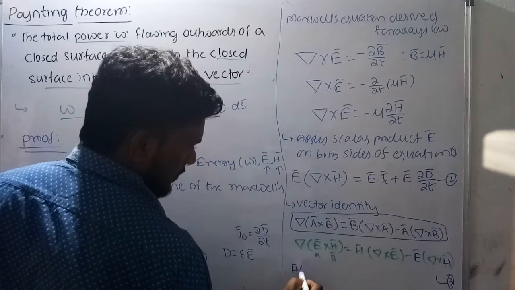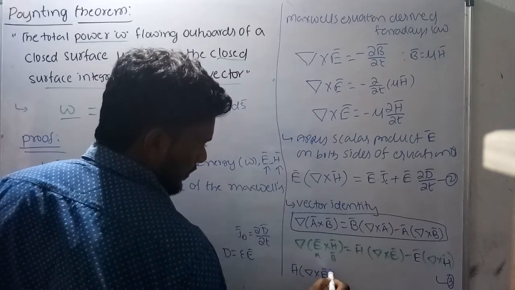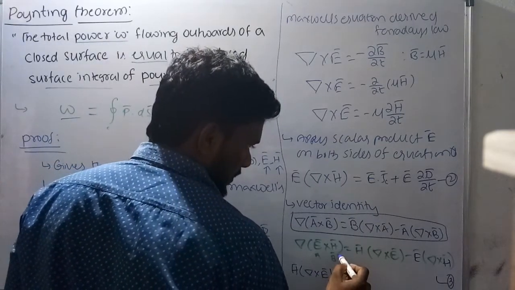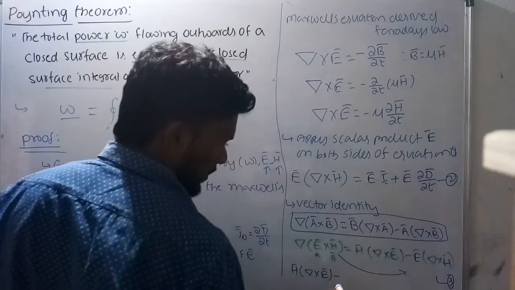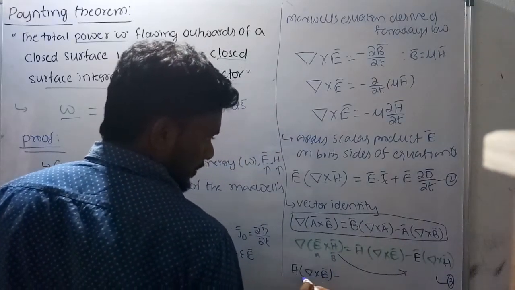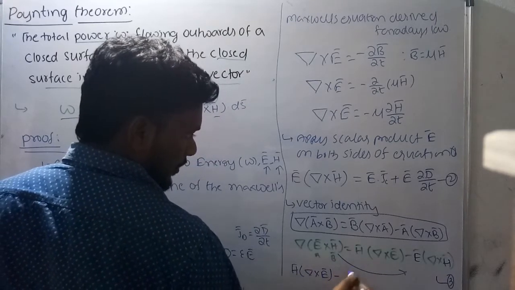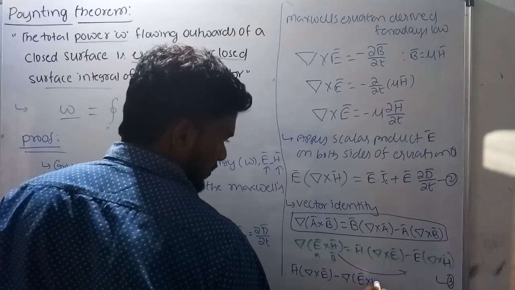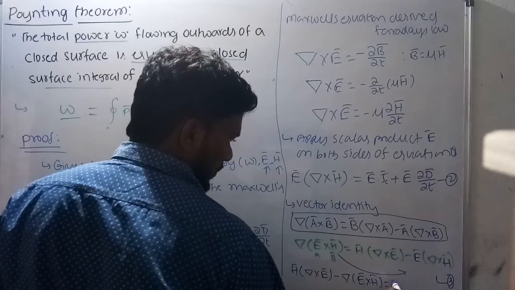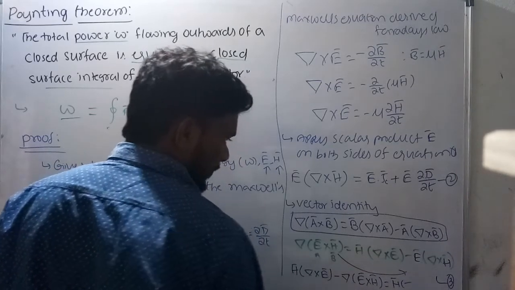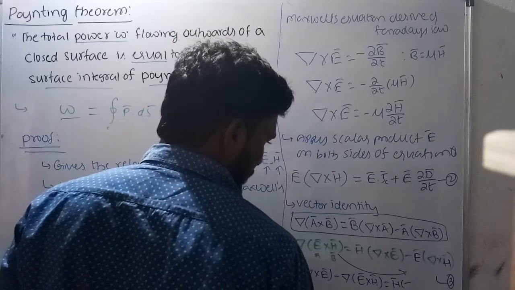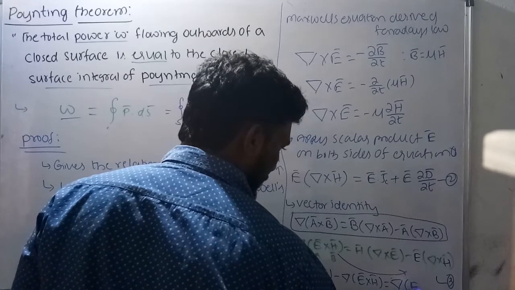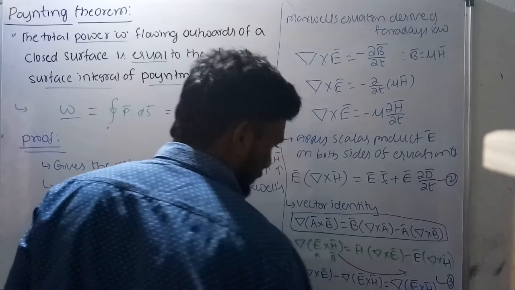It is H bar del cross A bar minus, send this term this side and A bar should be this side, so that you will get H bar of del cross E bar minus del of E bar cross H bar equals to H bar, sorry, not H bar, it is del of E bar cross H bar.